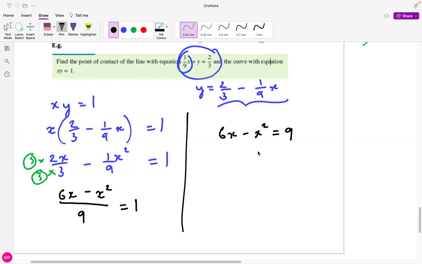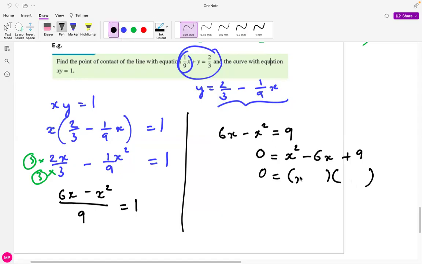Then we make one side equal 0. We have 0 equals the negative x squared; when you bring it over, you make it positive, and it's better to be positive. x squared minus 6x plus 9, like that. Then solve it. So multiply together to get 9 and add to get negative 6, which is negative 3 and negative 3.